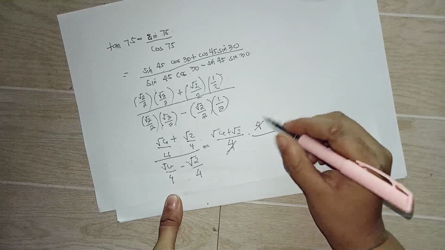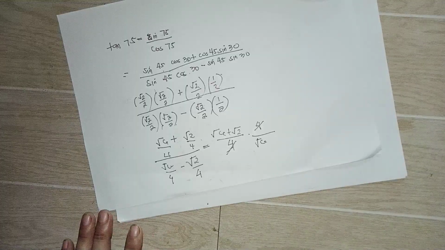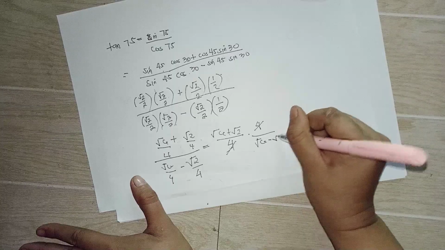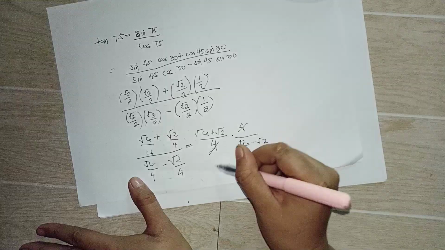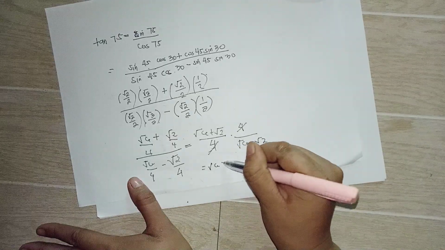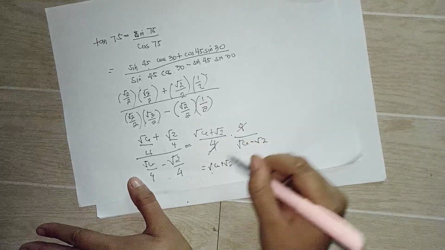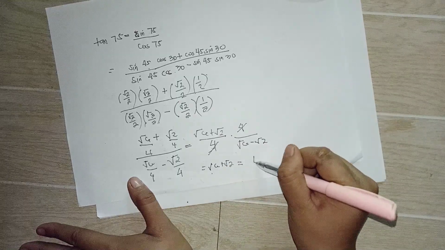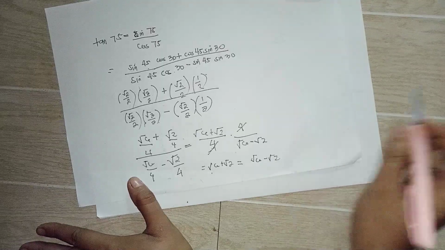So, we have square root of 6 plus square root of 2 over square root of 6 minus square root of 2.